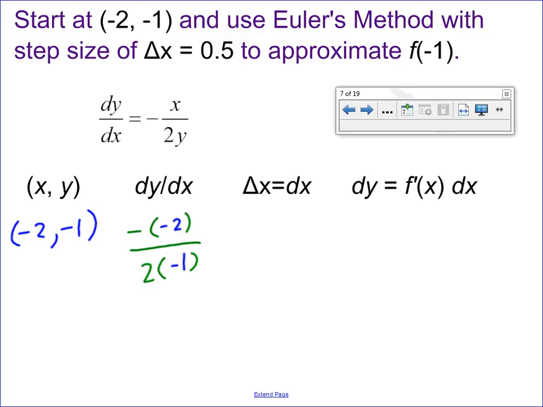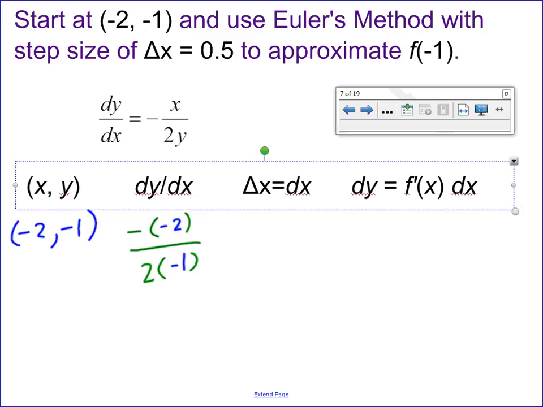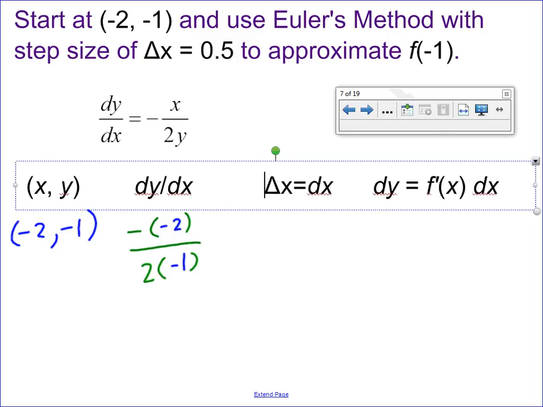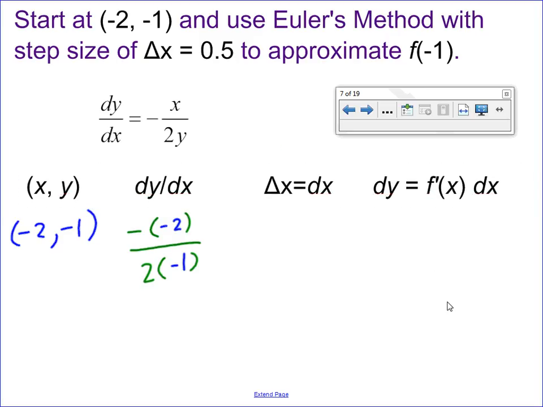So it looks like my slope value is 2 over -2, which is -1. I got -1? Yep. Awesome.